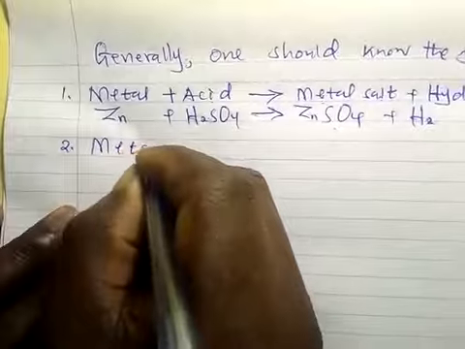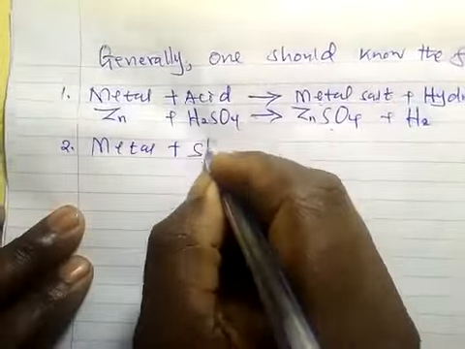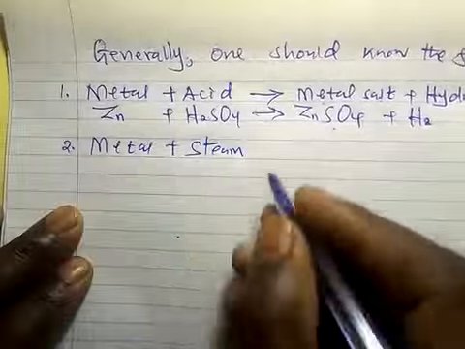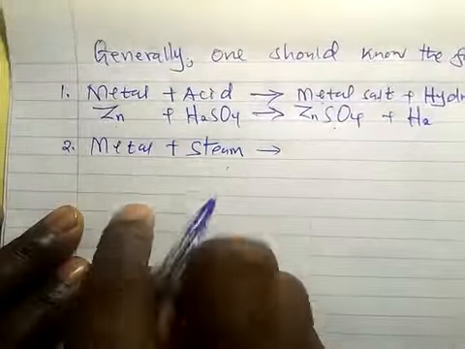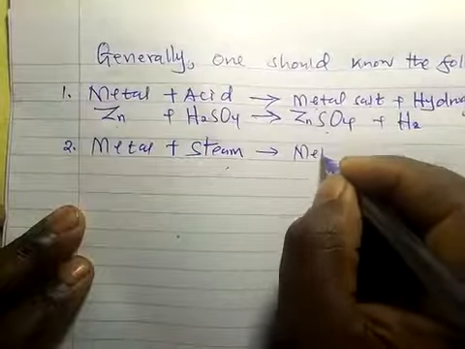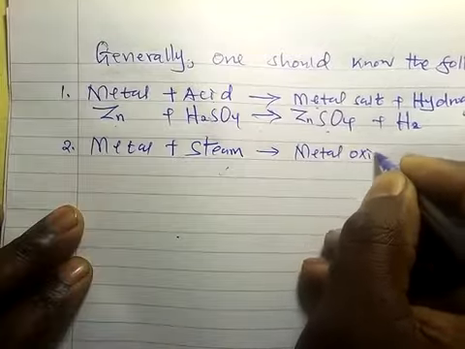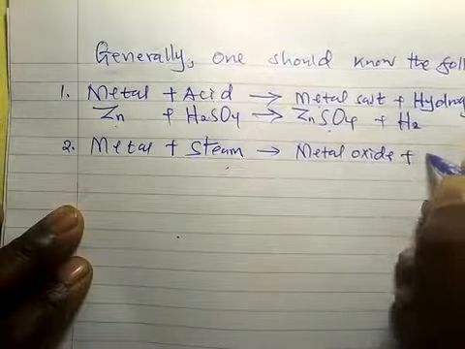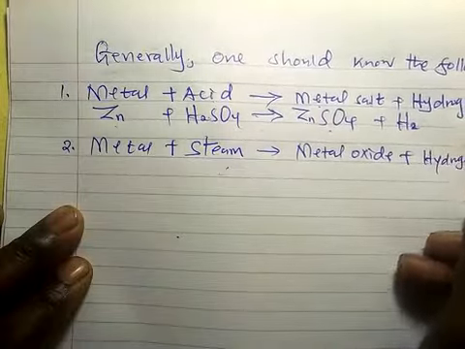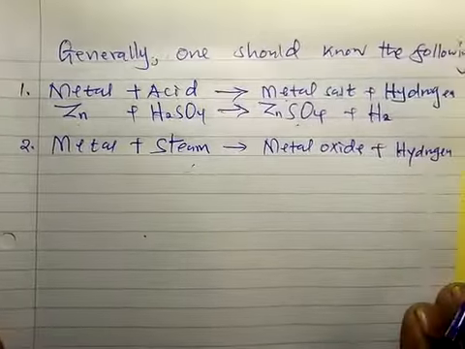Number two, metal plus steam. Steam is water but in vapor form. So what does it form? A metal plus steam forms the metal oxide plus hydrogen gas, right?